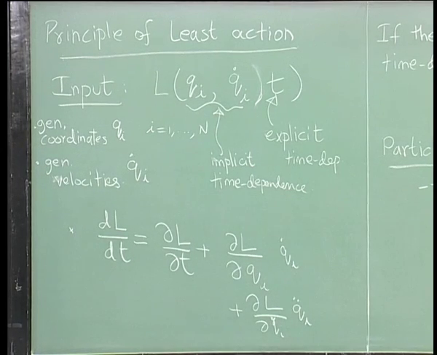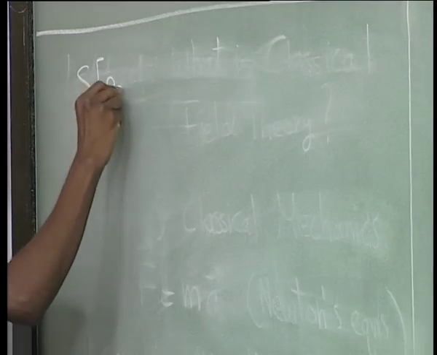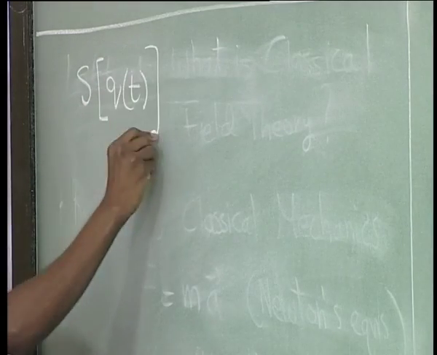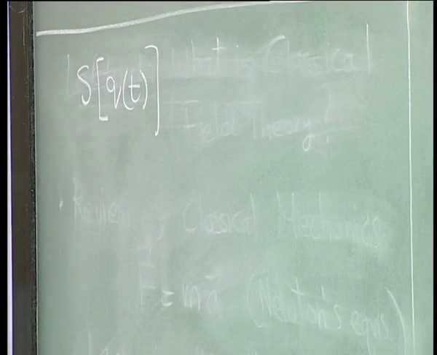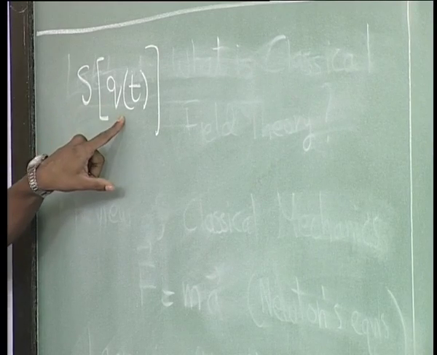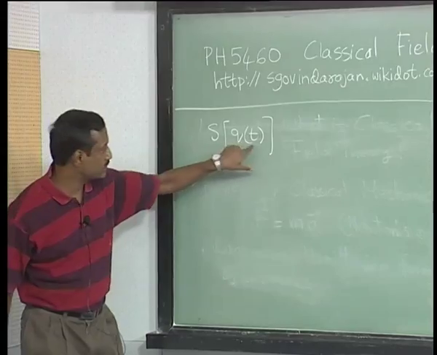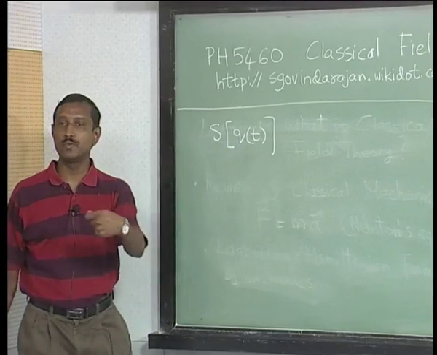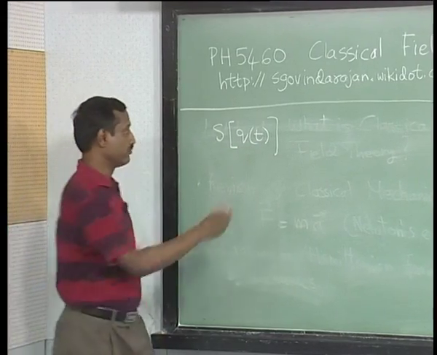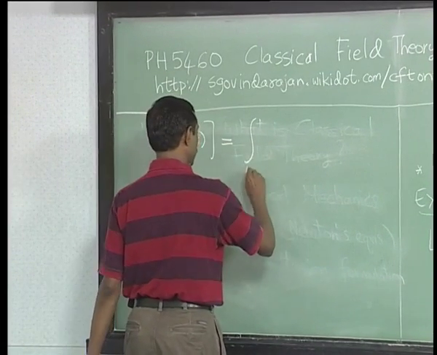so first let us define something called the action. The action takes as its input, and for the rest of this lecture, for simplicity, I will just choose 1 degree of freedom, the trajectory of the system and gives you as output a number.